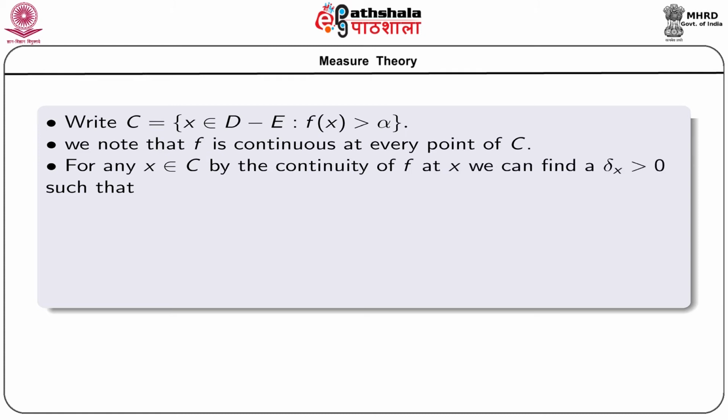And consequently, for any x belonging to C, using the continuity of f at x, we can find a delta_x greater than 0 such that f(y) is greater than alpha whenever y belongs to the collection of all u belonging to D where |u minus x| is less than delta_x.